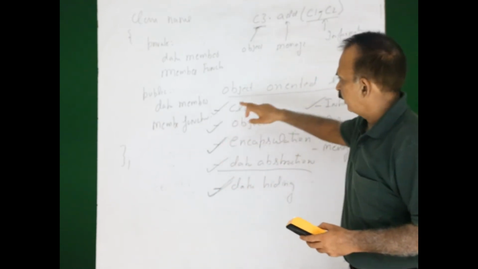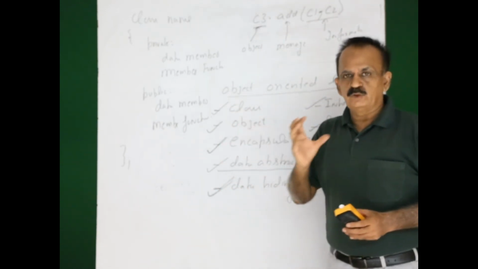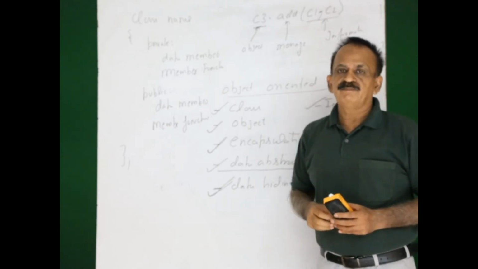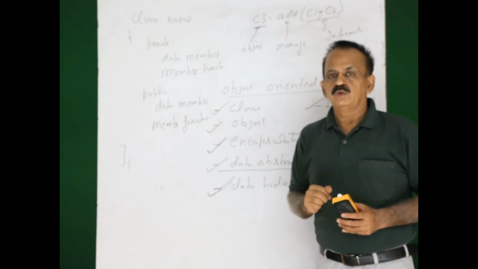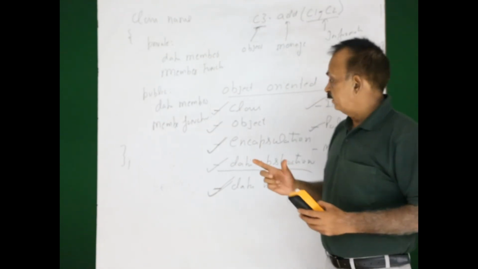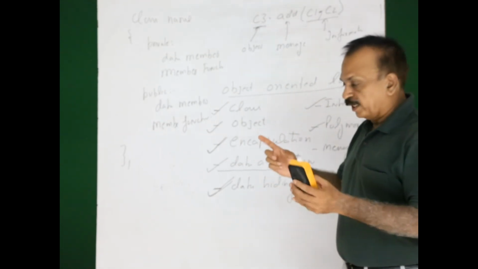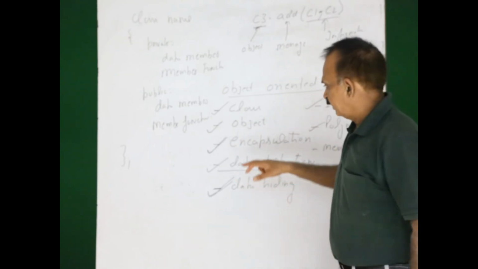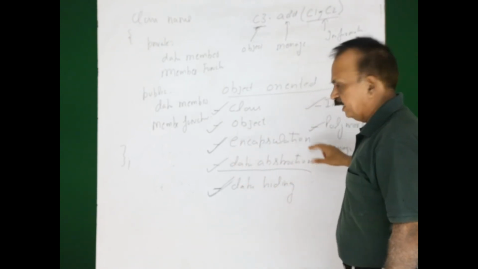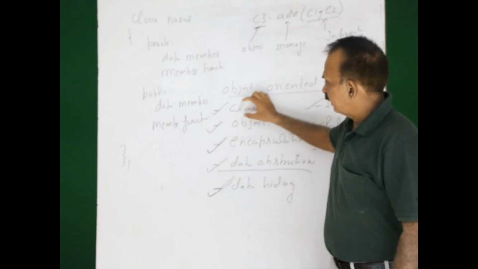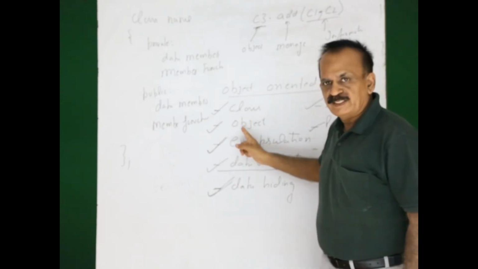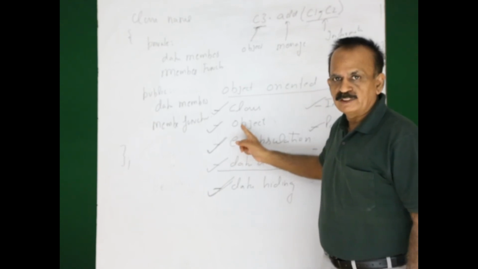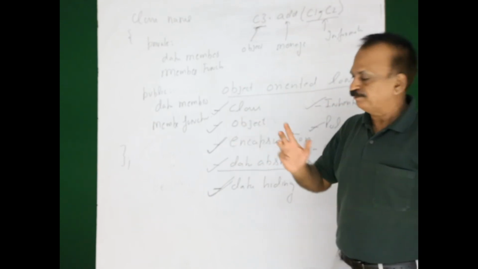Now these are some of the features used in object-oriented programming language. The first one is class. It is a user-defined data type which is a combination of the data items and the operations performed on those data items. These two are enclosed in a single structure, and that is what is known as encapsulation. This basically is a data type. When the variables of this data type are created, those are known as objects.